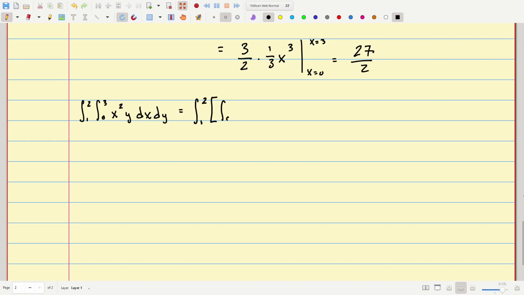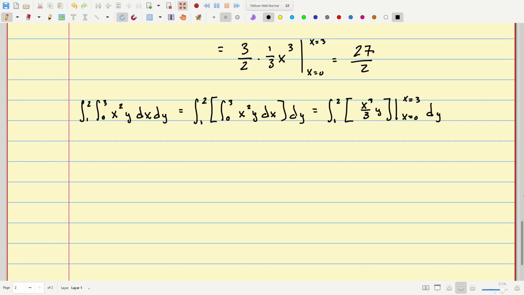Now we write it as an iterated integral, using our grouping symbols to keep things organized. X cubed over 3. So we get this.